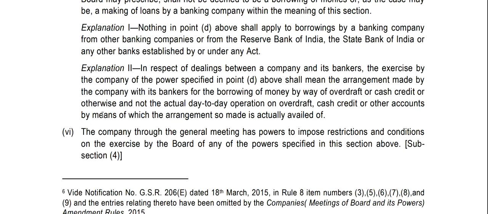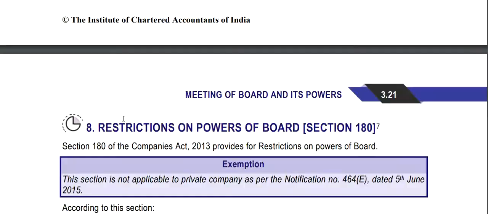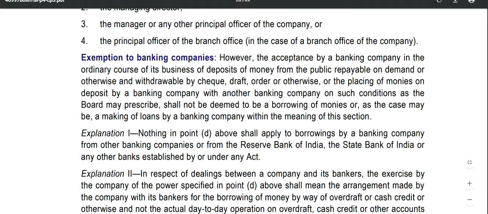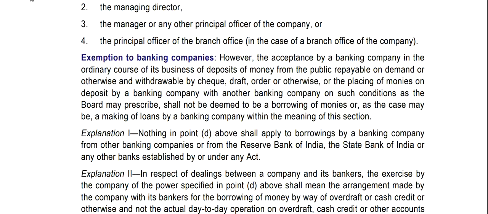The company through the general meeting has power to impose restrictions and conditions on the exercise by the board of any powers specified in this section. So this is with regard to section 179.